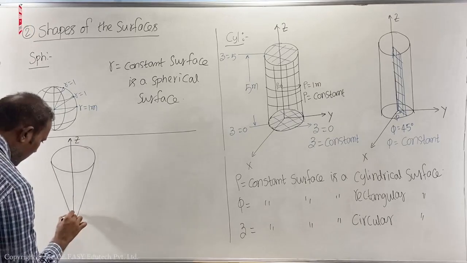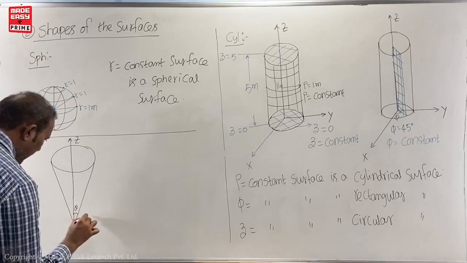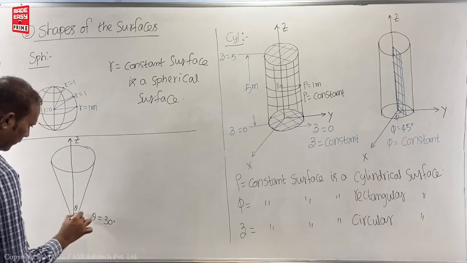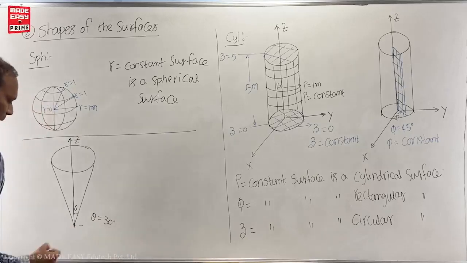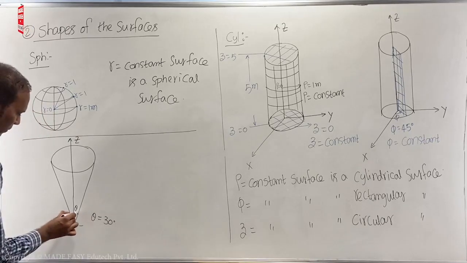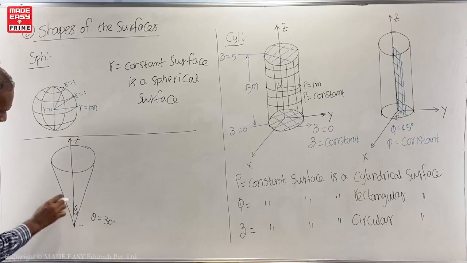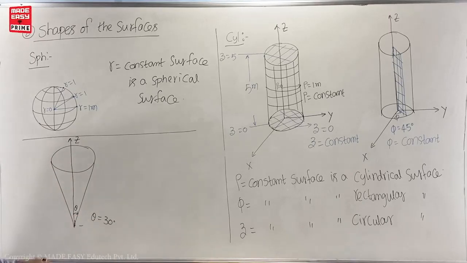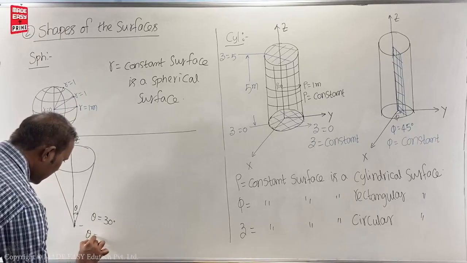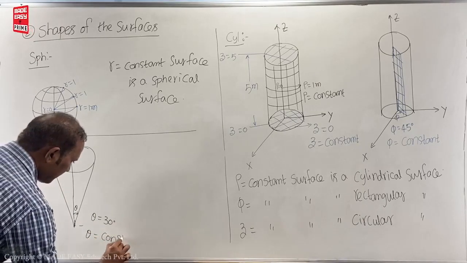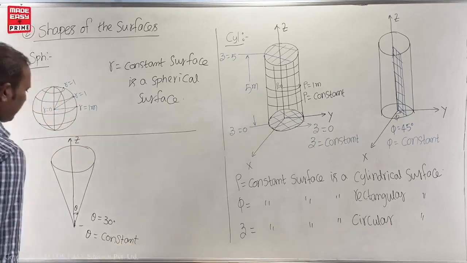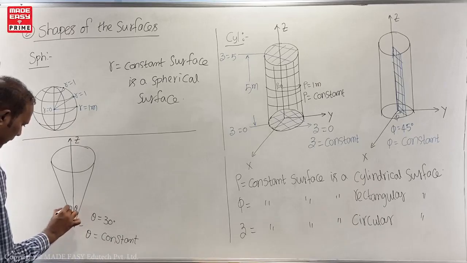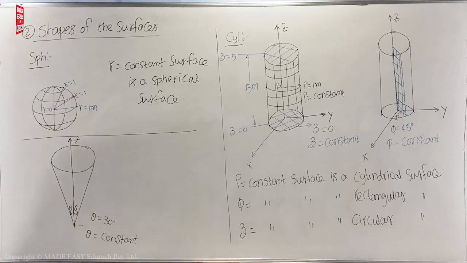For example, if I take this theta as 30 degrees, here 30, here 45, here like this means 90, okay? Because theta is measured from z-axis, that is why I kept arrow mark. Theta is 0 on the z-axis, like this you are going 30 degrees you went. So what is 30 degrees actually? 30 degrees is constant. Now this side also, how much angle you have? Same angle, theta, 30 degrees.